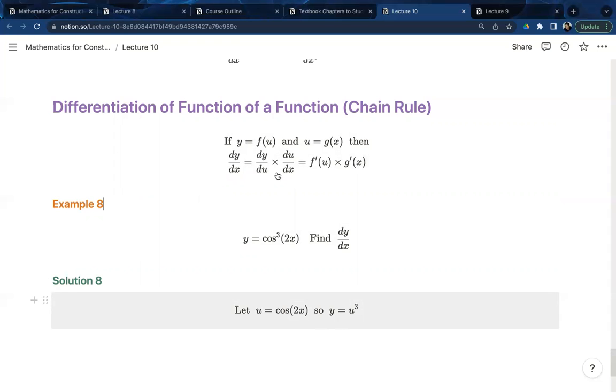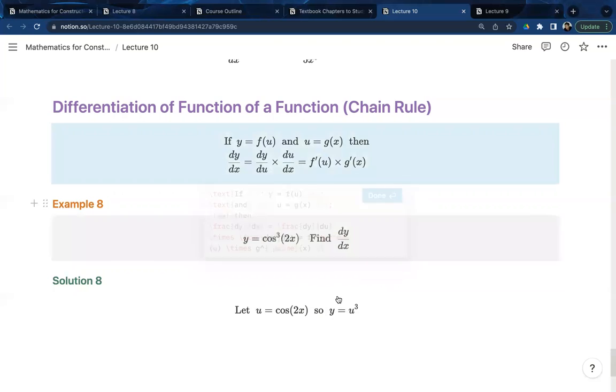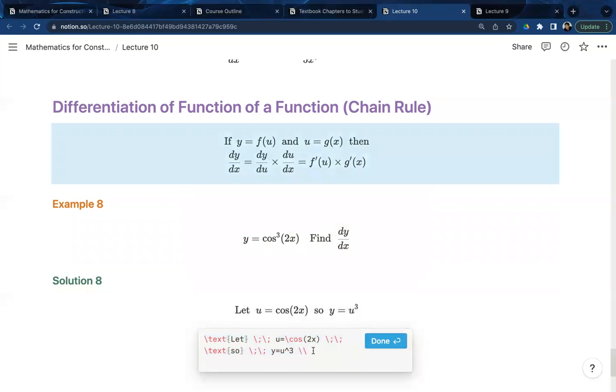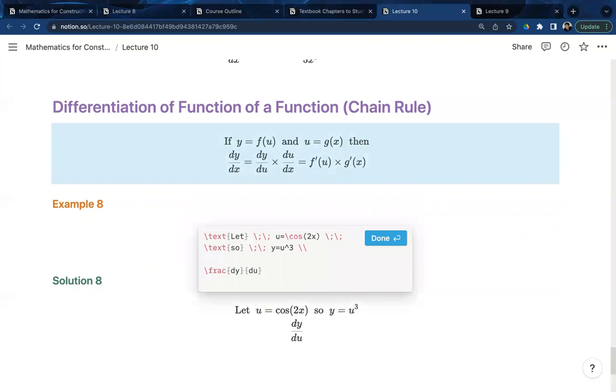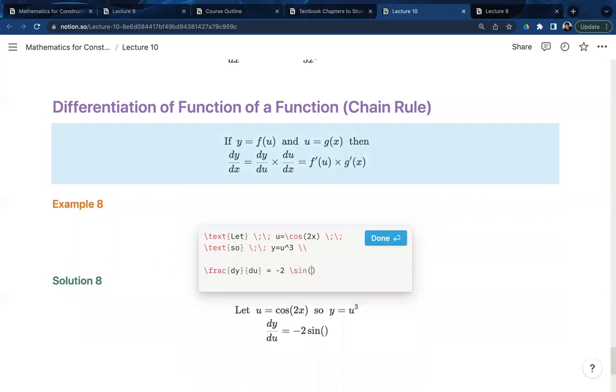So again, you find dy du and du dx. So let's try and do that now. Du dx is negative 2 sine 2x.